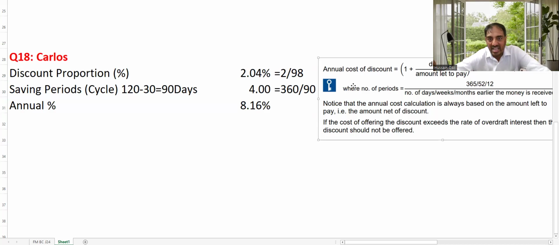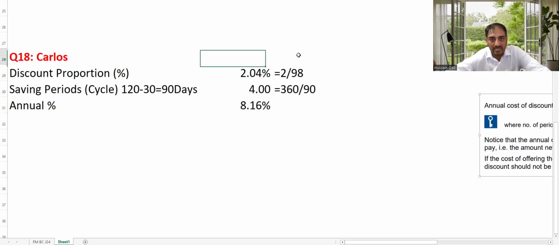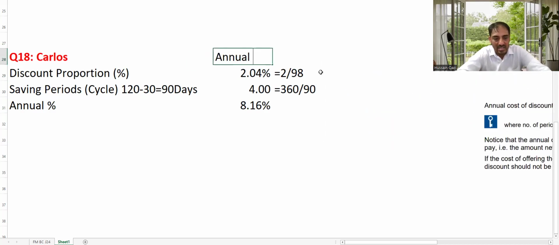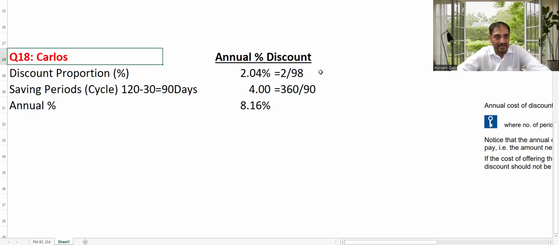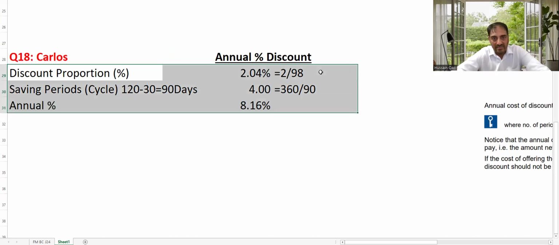Whenever the examiner asks annual cost of discount, annual percentage of discount, you can apply it in this manner.